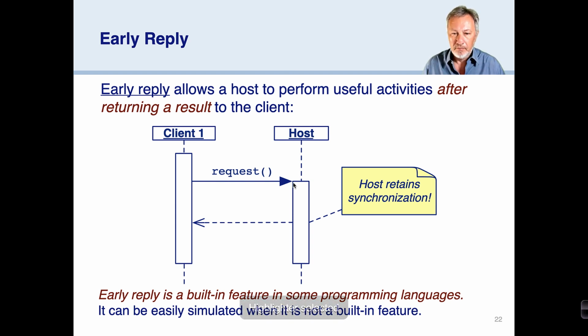So we need a way of having a host that is executing a method, and somehow we need to be able to return something, but not give up synchronization. So it's not enough to simply spawn off some separate thread. We want to make sure that the return and the additional thread are performed within the same bit of synchronized code.